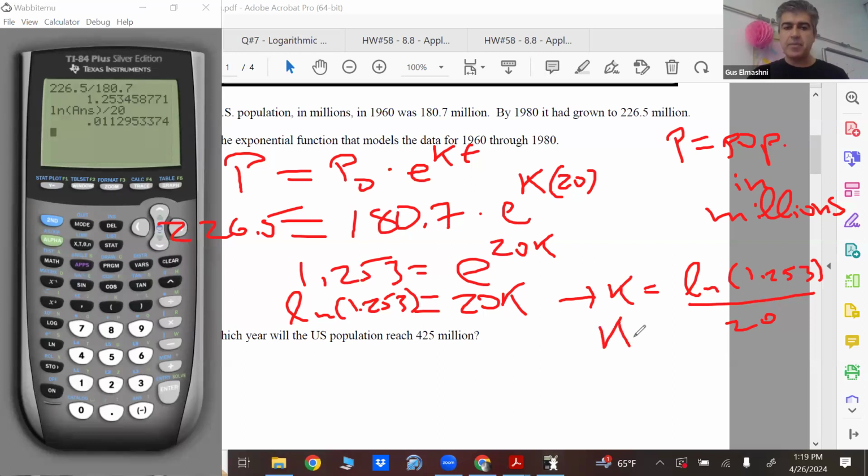So k, I get 0.0113. Now, if you did natural log of say 1.25 divided by 20, I mean, it's not too far off. But you can see it's a little bit off, right?